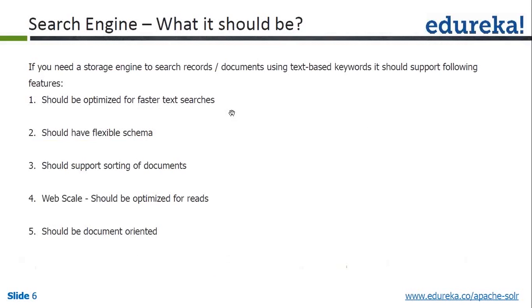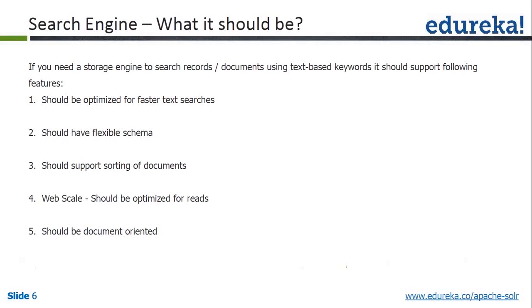So if we talk about the search capabilities of an application, what exactly should it have? If you need a storage engine to search records or documents on the basis of text or free text keywords, it should support the following features.